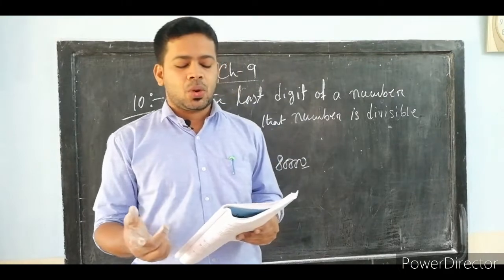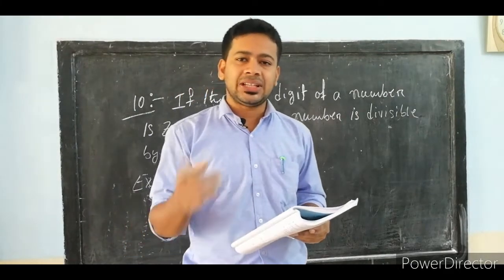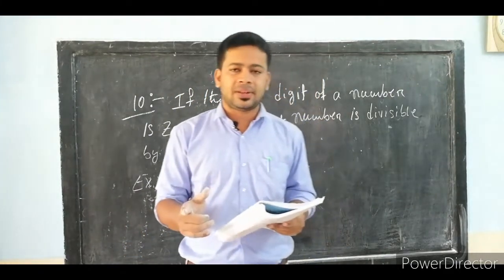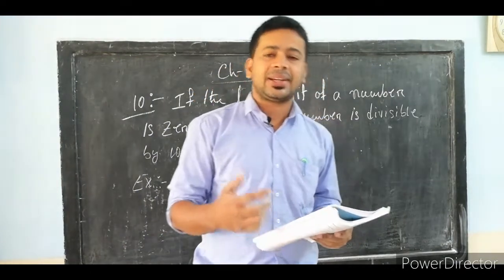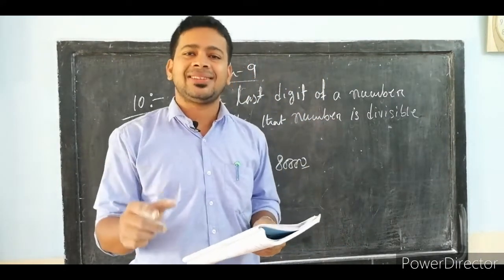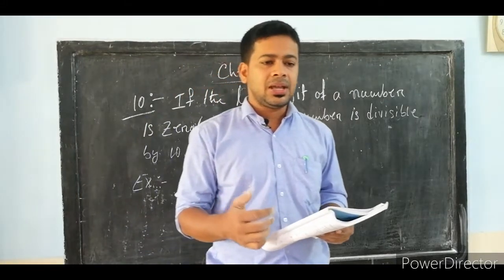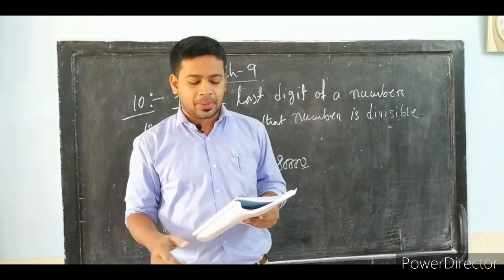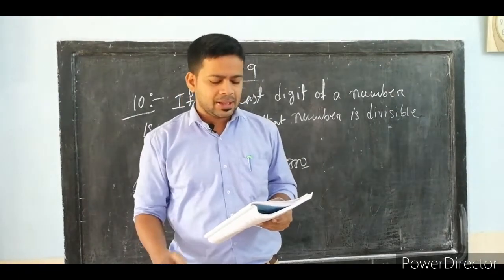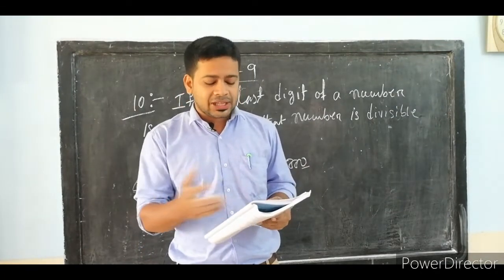Number C, 241. The last digit is 1. Since 1 is not an even number, this is not divisible by 2. Next one is 918. Since 8 is the last digit, and 8 is an even number, 918 is divisible by 2. You need to give a tick. In the same way we will do the rest of the numbers also.